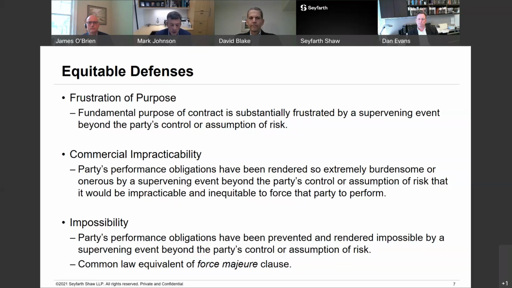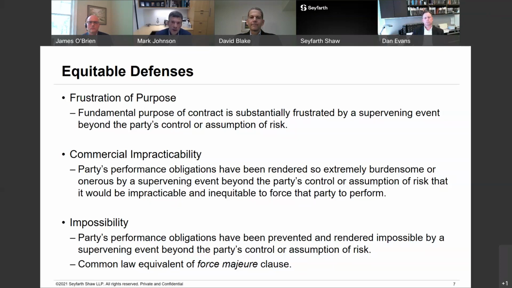The risk of loss will fall on it. Now, it's important to note that there's a whole body of case law out there that's pretty consistent across the jurisdictions that provide that mere financial hardship is not sufficient to trigger these doctrines. Otherwise, everyone would be relying upon them.